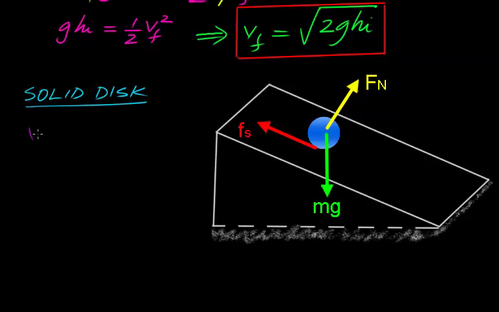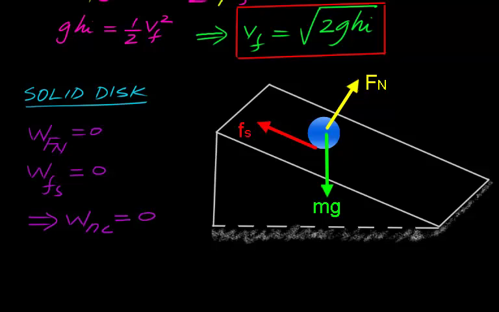As we know, the work done by the normal force is equal to 0, because the normal force is perpendicular to the displacement at all times. The work done by the static friction force, as stated earlier, is always going to equal 0. Therefore, the work done by the non-conservative forces is going to equal 0.